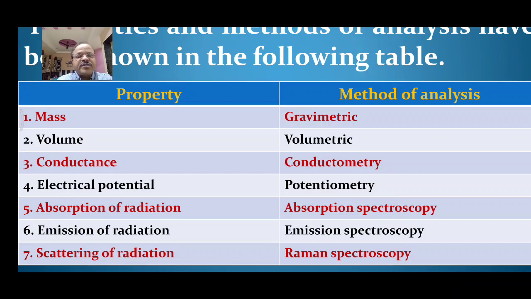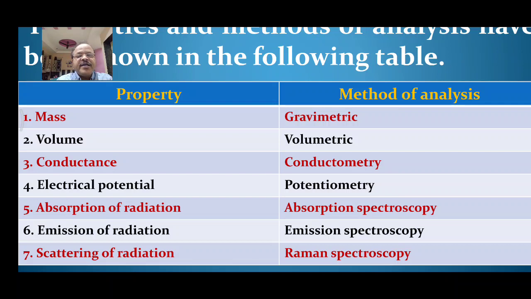Emission of radiation: if a particular substance is bombarded with radiations, some will get absorbed, some will get emitted. To what extent the radiations are emitted by that sample can be analyzed by emission spectroscopy.